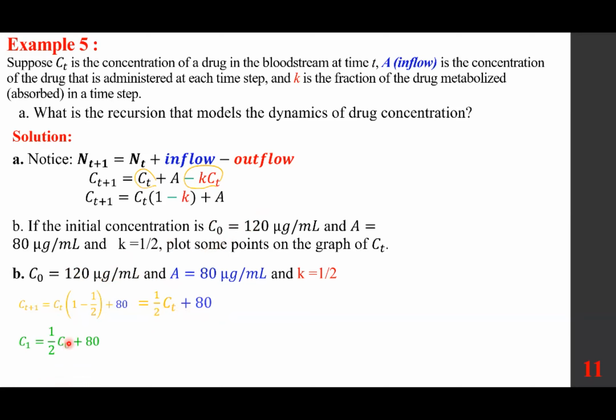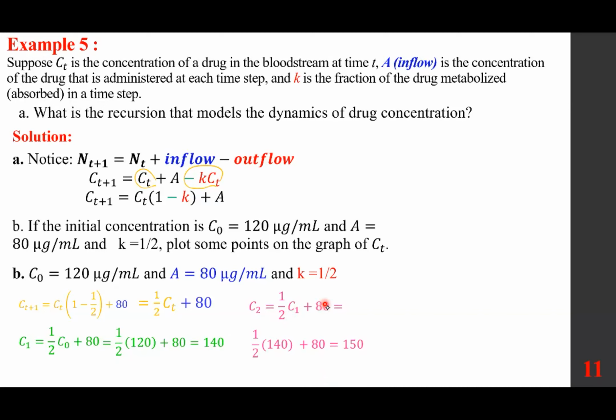So half of 120, which is 60, and 80 gives us 140. If I want C sub 2, it is half of C sub 1 plus 80. So half of 140 is 70, and 80, 150.